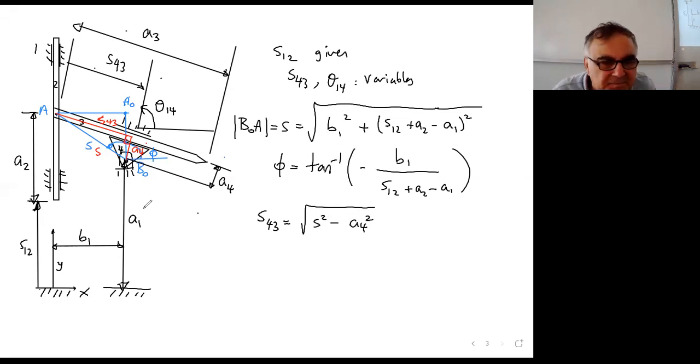And this angle is the angle I will call psi.